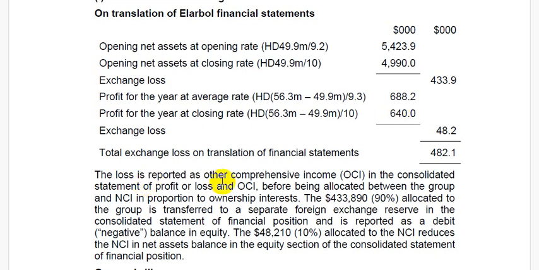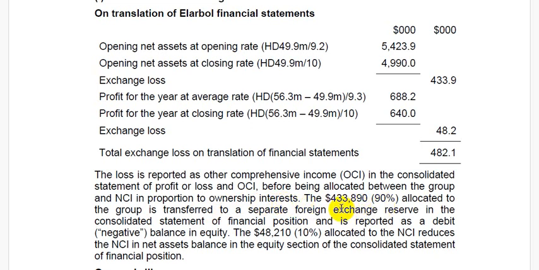So the loss is reported as other comprehensive income in the consolidated statement of profit and loss and OCI before being allocated between the group and NCI in proportion to ownership interest.